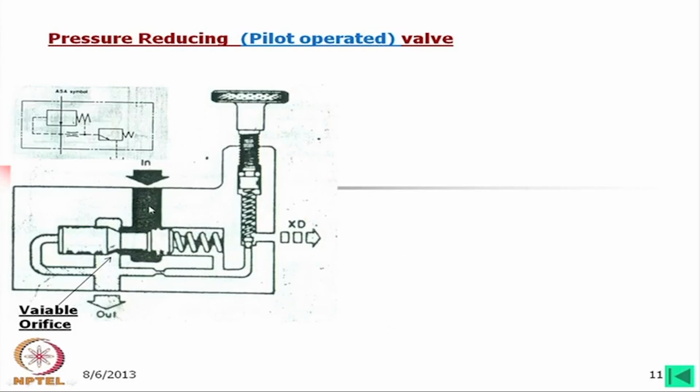Now, what will happen? When the oil is coming in, suppose consider that this is in a closed position, but it is not. Actually, with the spring force and the stop of this poppet, it will remain open.